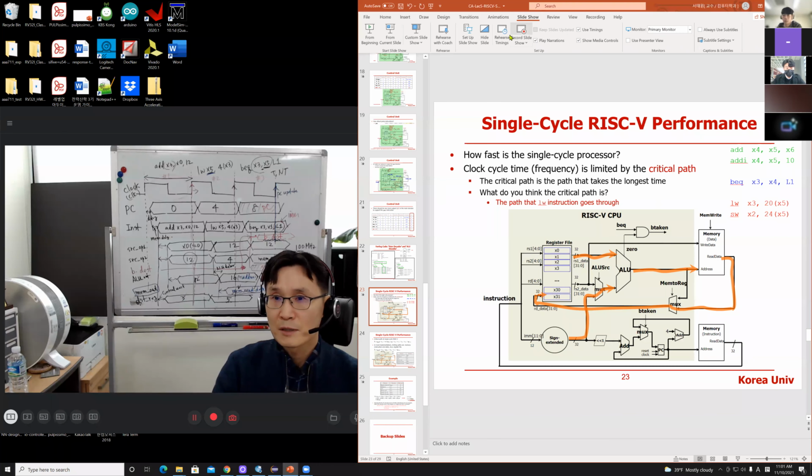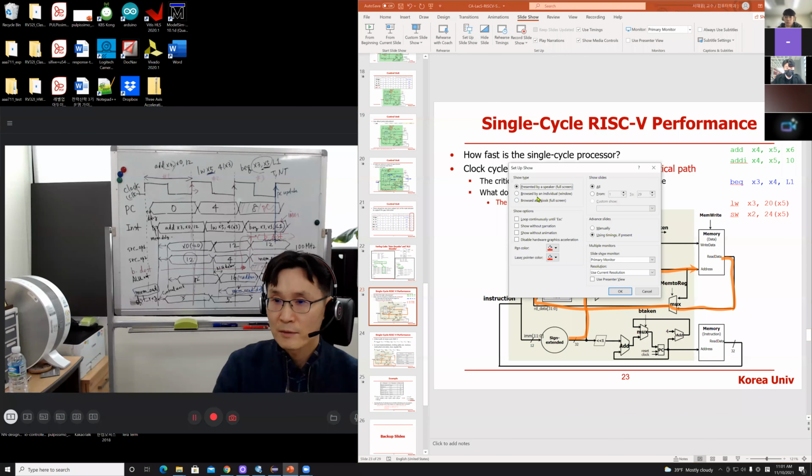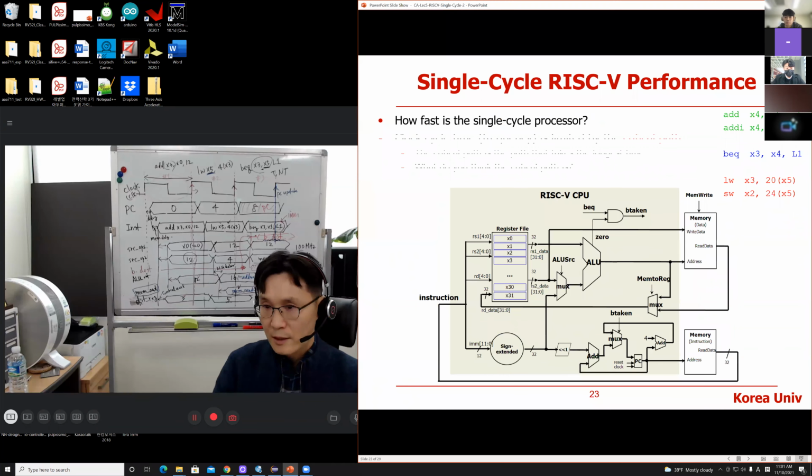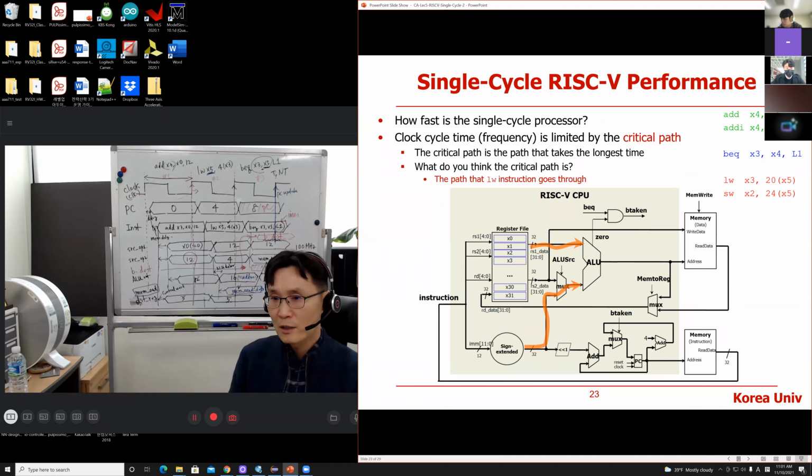So then, the critical path. The critical path is the path the LW instruction is taking, starting from the PC. LW is coming in, then the source operand, the memory location, and data is coming in.